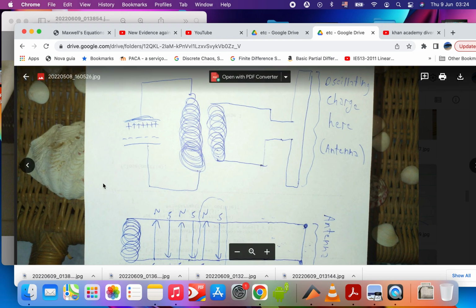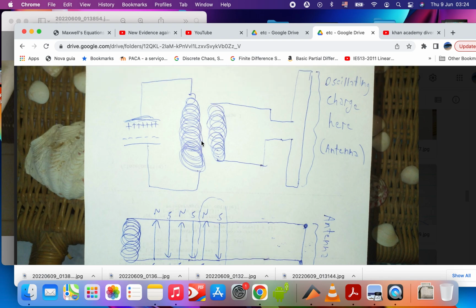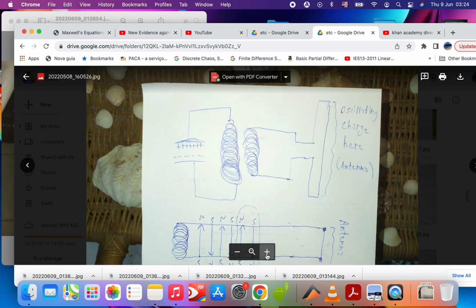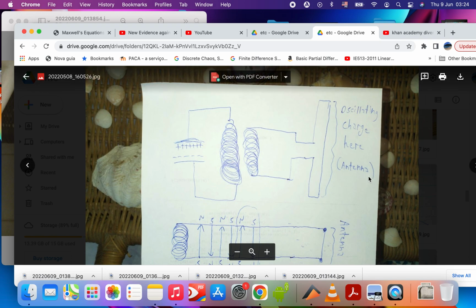And so that's going to cause an oscillating current in the circuit. Maybe we have a coil here or something to transmit this oscillation to this circuit on the right. And this circuit on the right is an antenna. Well, it's not an antenna, come on, it's a drawing of an antenna.